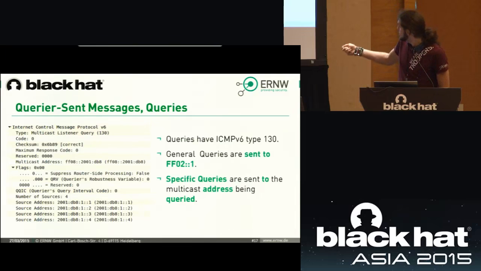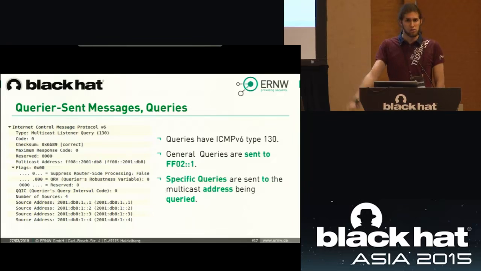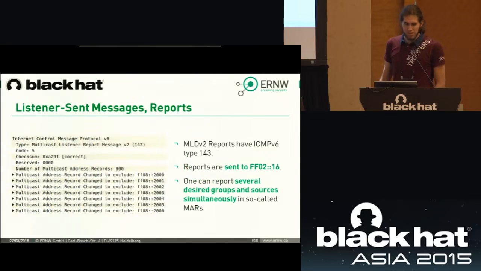This is another multicast address which is used for the local link to address all nodes, so everybody in our local link will get this query message. Specific query messages later on for additional communication are only sent to the multicast group being queried. So if I'm joining a multicast group and there's some additional information for this group, the query is only sent to the group itself. On the other side, the listener report is also an ICMP message, type 143.